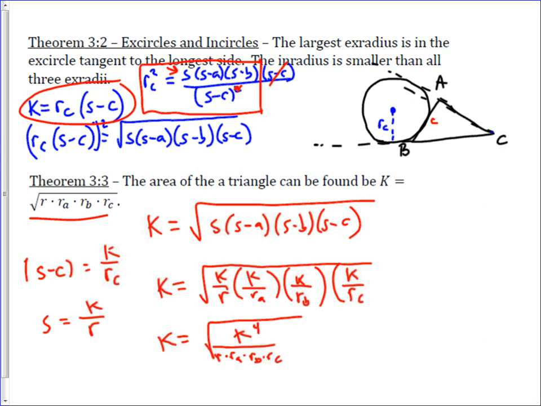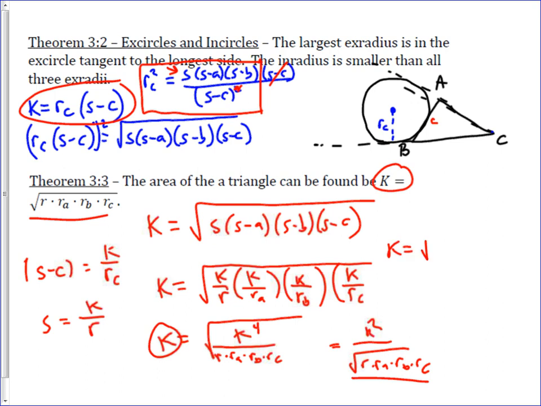We could take the square root and get K squared over the square root of that denominator. And then if we just switch places on that K and that square root, we end up with this formula, which is K equals the square root of R times RA times RB times RC. And that is a very nice result and a very nice connection between all of these exradii and the inradius and the area of the triangle.